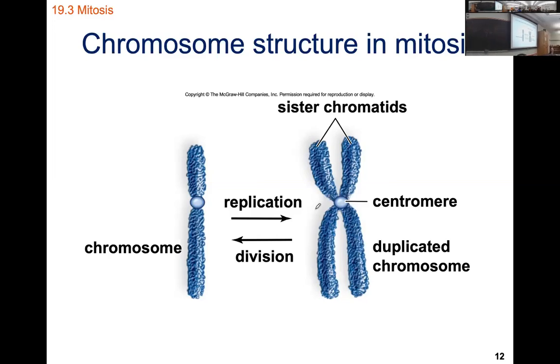So the one individual part of the chromosome, okay, kind of looks like that. You have a centromere here in the center. Okay, this is a chromosome. Then if you have both parts of the chromosome, it kind of looks like an X. And each of these are considered sister chromatids.